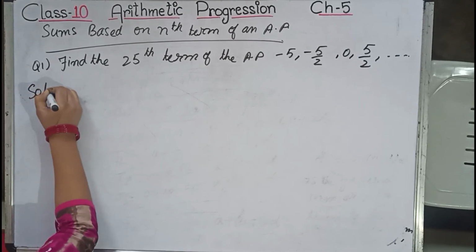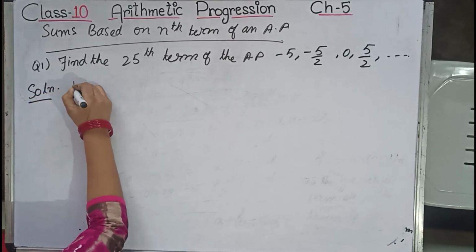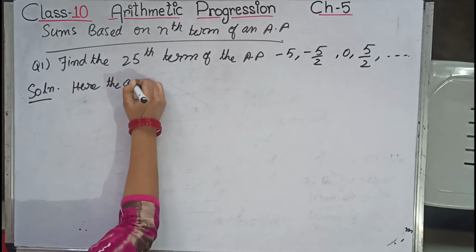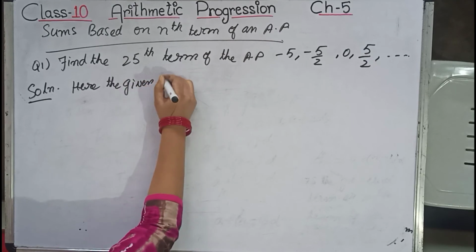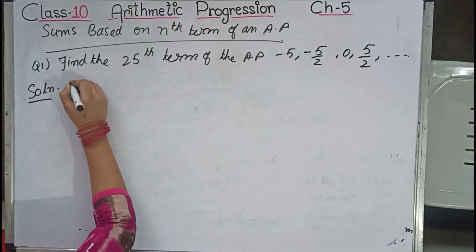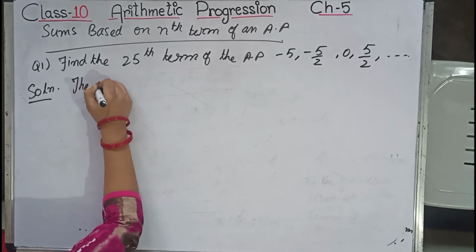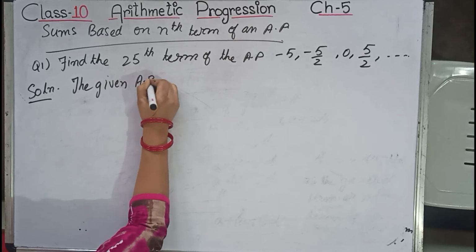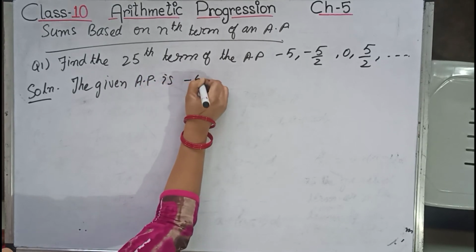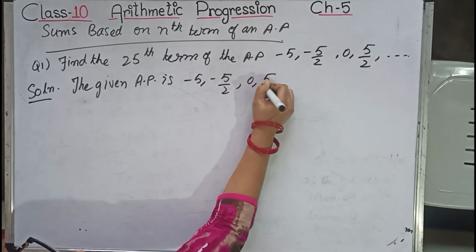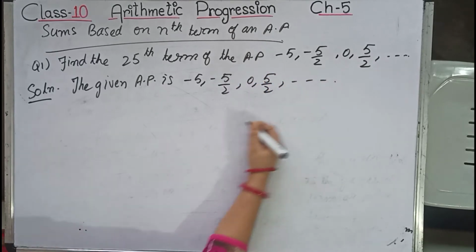In the solution part, we will write: the given AP is minus 5, minus 5 by 2, 0, 5 by 2, and so on.